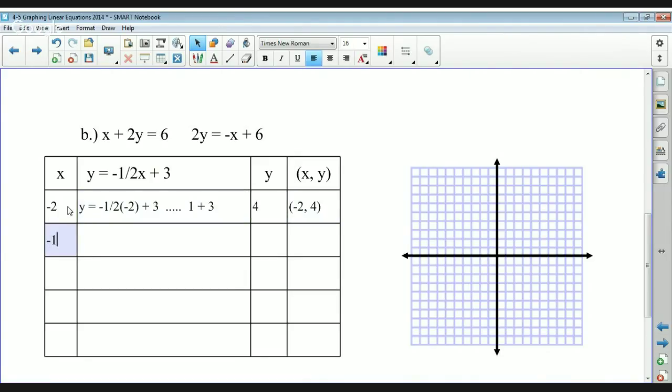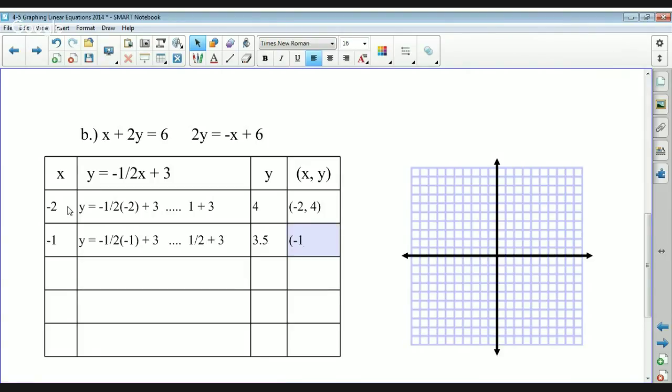My next x coordinate is negative 1. y equals negative 1/2 times negative 1 plus 3. Two negatives again make it positive. Half of 1 is a half plus 3. That's 3.5.